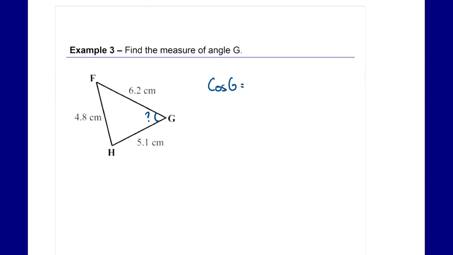So we might have to relabel this. Depending on how comfortable you are with labeling the formulas based on the labels of the points, you can use this using G, F, and H. If you don't like doing that, or it's a little bit too confusing, just relabel these points. Call this A, call this B, call this C. It doesn't really change anything we're doing.